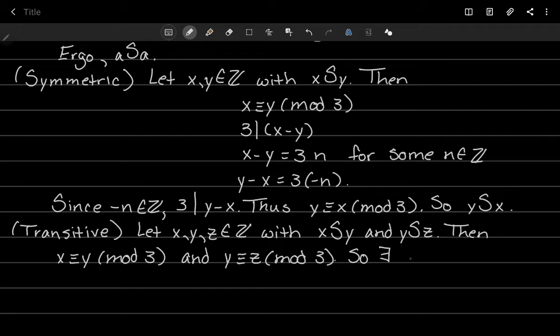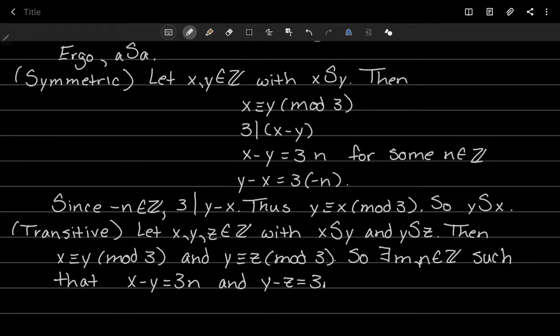So there exist integers m and n such that x minus y equals 3n and y minus z equals 3m.